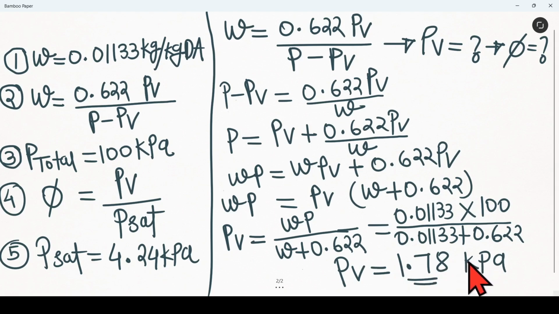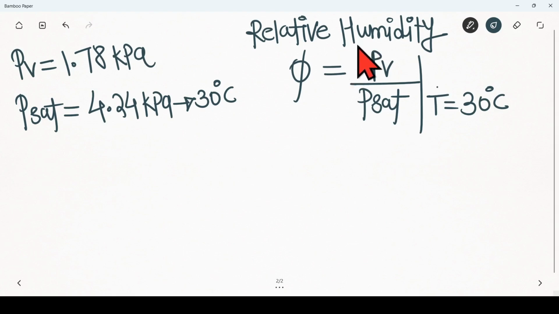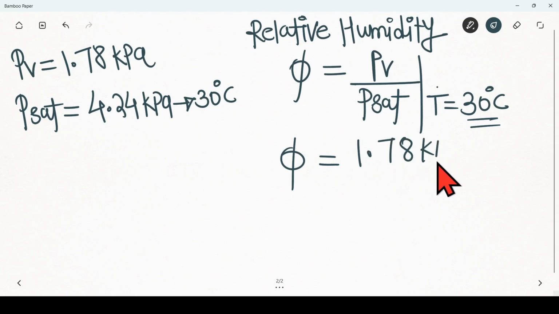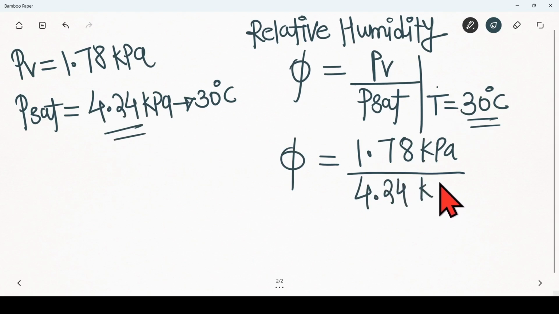Now let's calculate the relative humidity. Relative humidity is equal to the ratio of partial pressure of water vapor divided by the saturation pressure. Both pressures are at 30 degrees Celsius. We have calculated PV, which is equal to 1.78 kilopascal, divided by the saturation pressure at 30 degrees Celsius, which is 4.24 kilopascal.